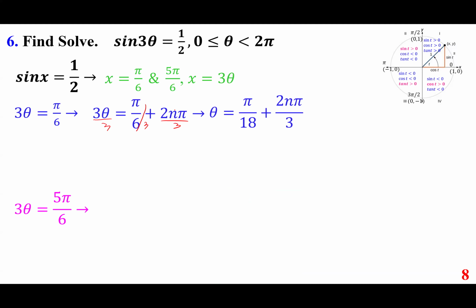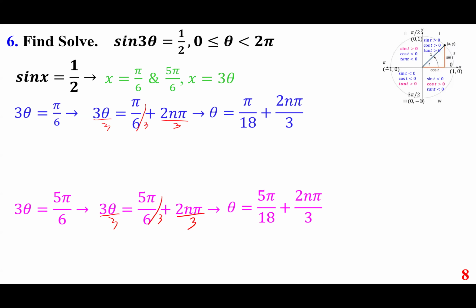We add 2n pi. And then again divide by 3. And we get 5 pi over 18 plus 2n pi over 3. By the way, everybody knows if you have a fraction divided by a whole number, just multiply these two, it becomes the new denominator, right?